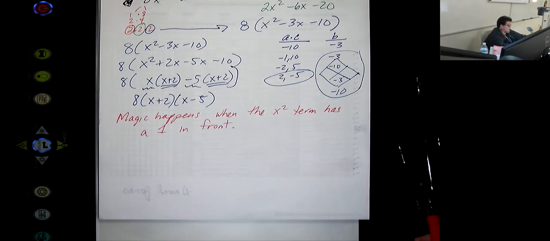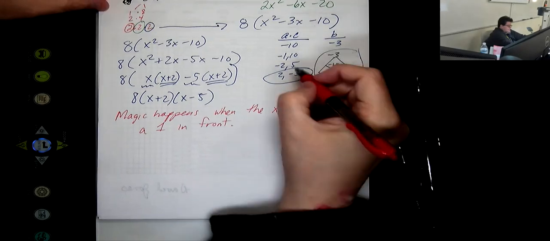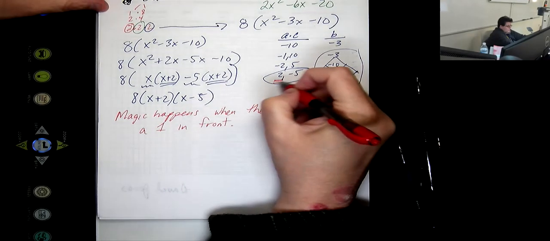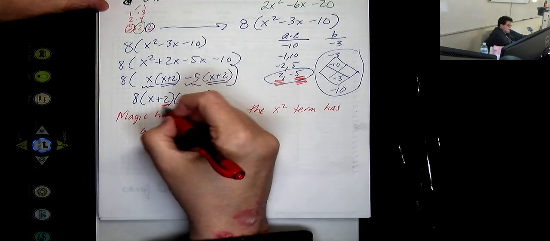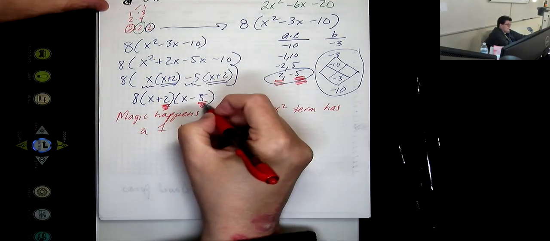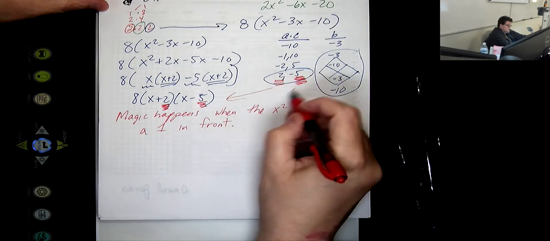My magic is the two numbers we had here, 2 and -5, are the same numbers you have right here. That's our magic.